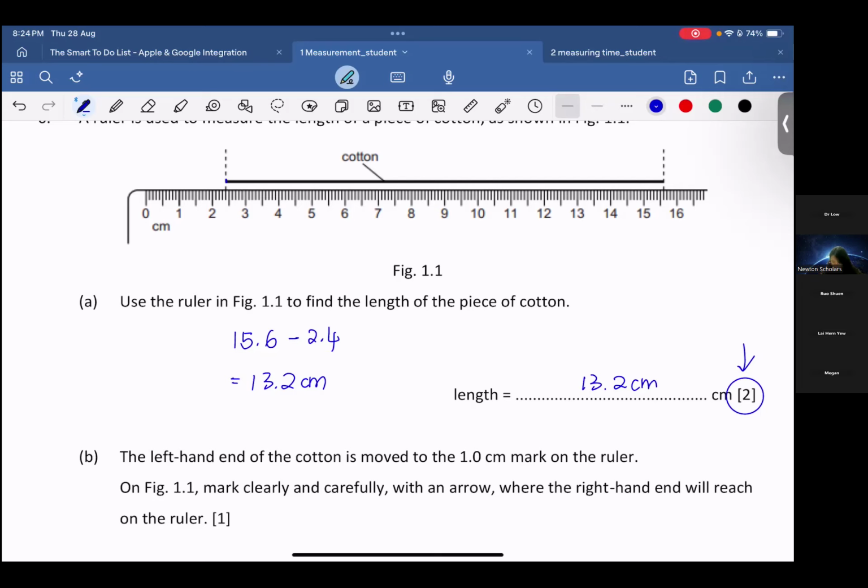Okay, so we move the cotton to the 1 cm mark. Now your right hand end, at what position will it be placed? How about others?